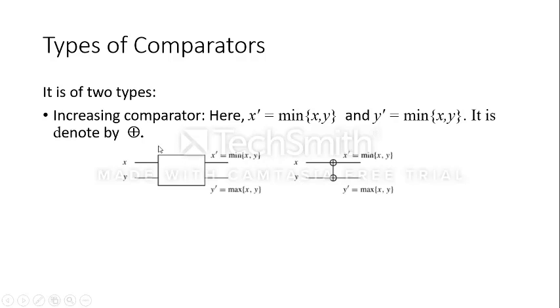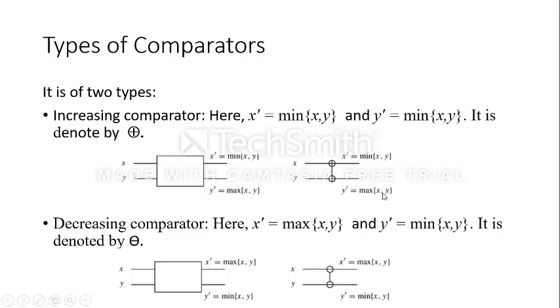As I explained earlier, this rectangle is to be replaced with this circle plus, and the increasing comparator is denoted with this particular figure, such that x and y are two arbitrary values, and x prime gives the minimum value while y prime gives the maximum value.